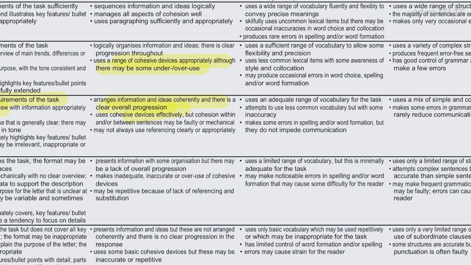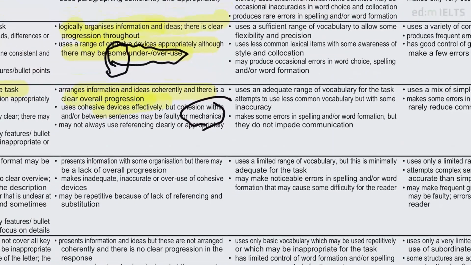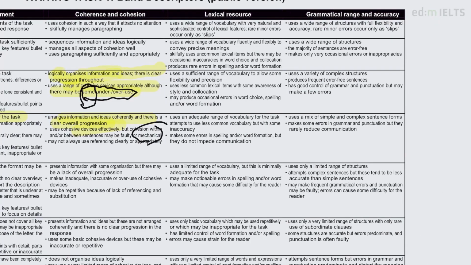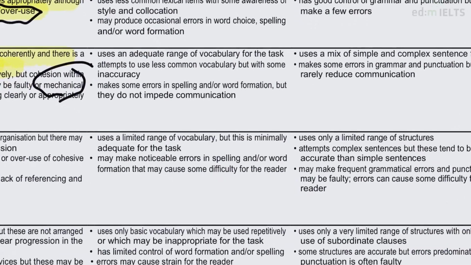I was kind of stuck between 6 or 7 because I did think there was a good logical organization of ideas and clear progression. But rather than some under or overuse, I thought there was a lot of overuse, in a way that made it very mechanical. So I probably would go for 6, but there were good things, just mostly overuse being the problem.